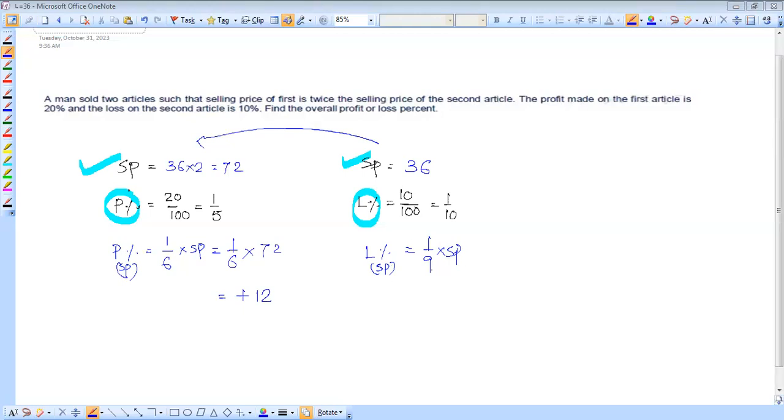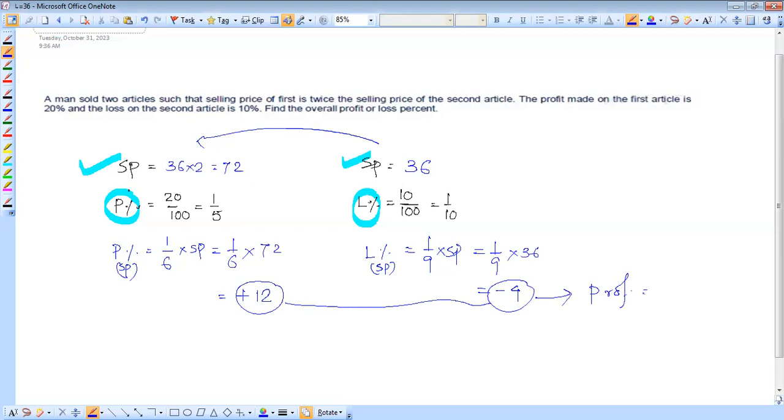And for this, I should take 1 by 9 of 36, which makes it 4 rupees loss. So 12 rupees profit, 4 rupees loss, which will ultimately give you a profit of 12 minus 4, 8 rupees.